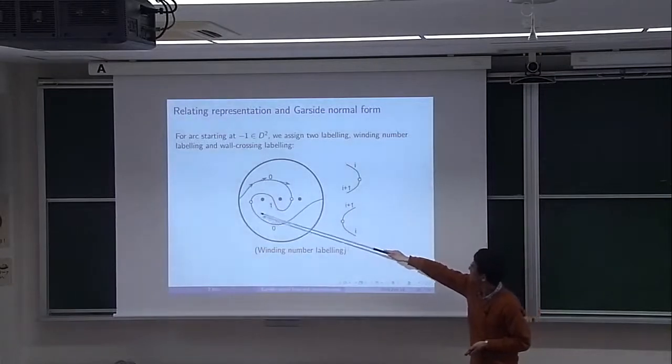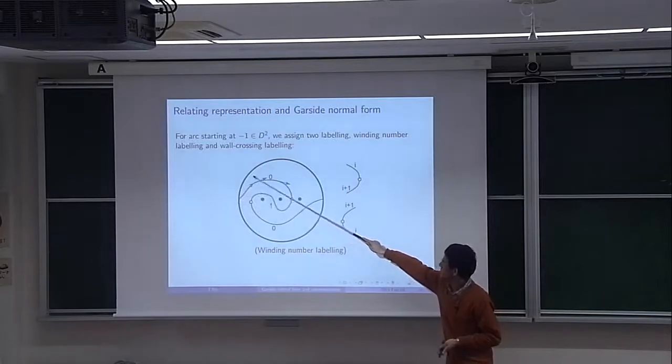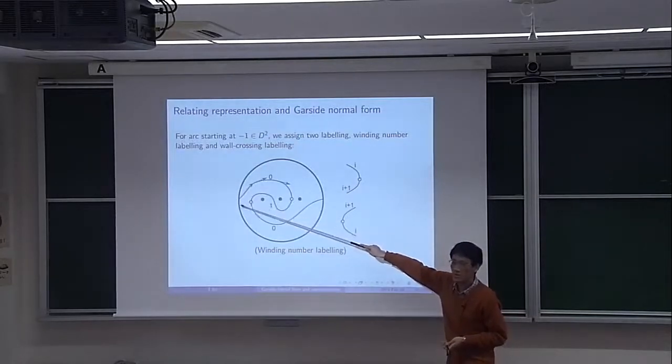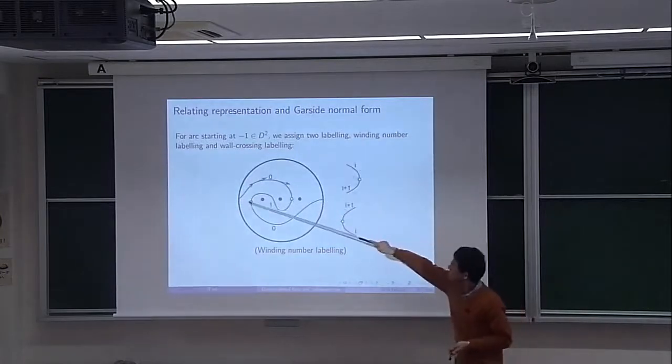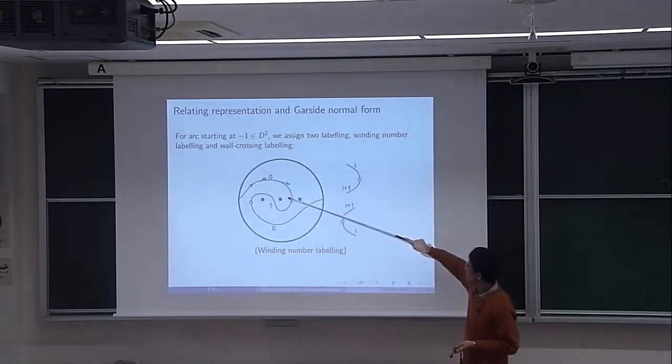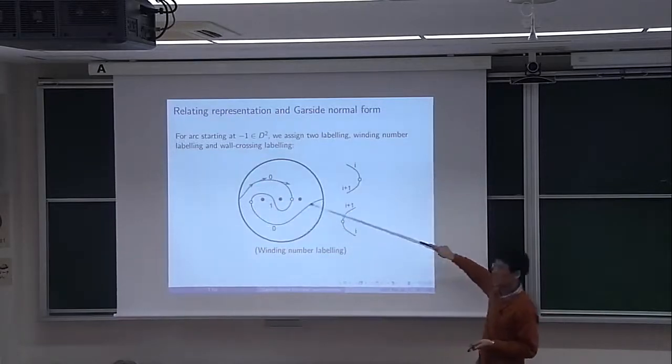The first is the winding number labeling. We count the tangent vectors and look at how many times the tangent vector turns. So it winds 0 times, then half a time, then 0 times.